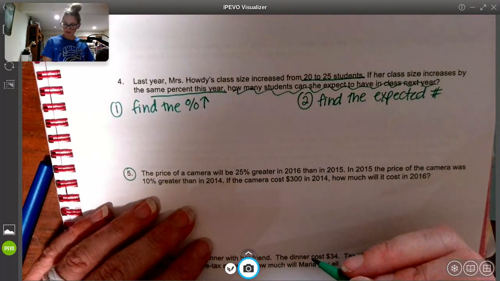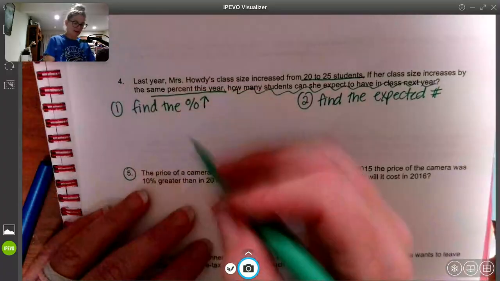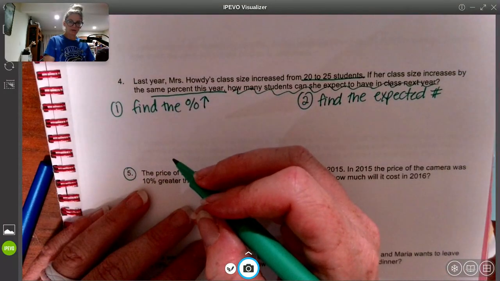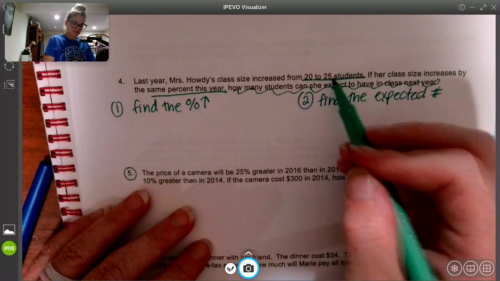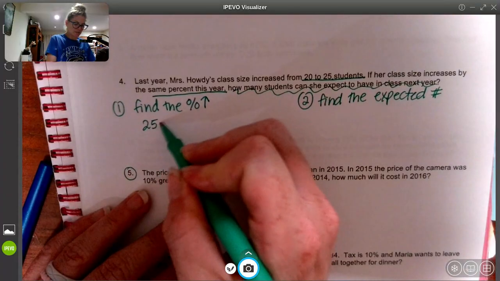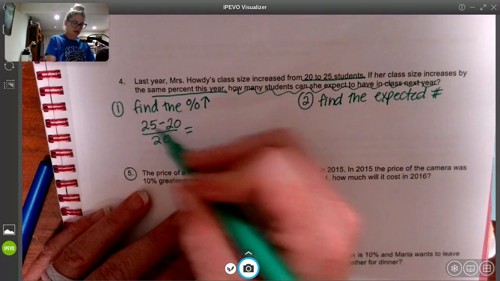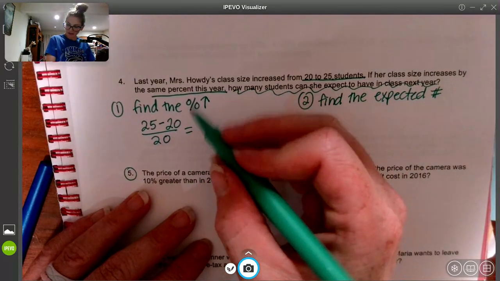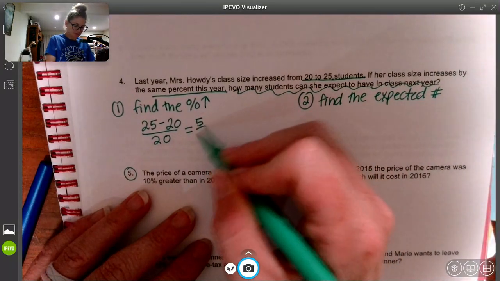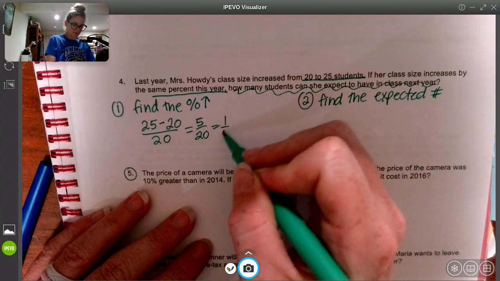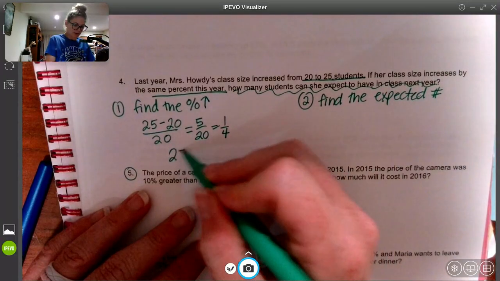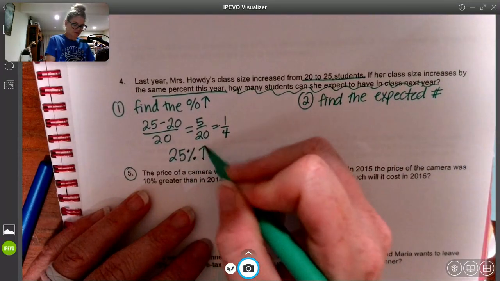So percent increase, again, remember that is final minus initial all over initial. So her final number of students is 25 minus her initial, which is 20, all over 20. 25 take away 20 is 5. Over 20 reduces to 1/4.